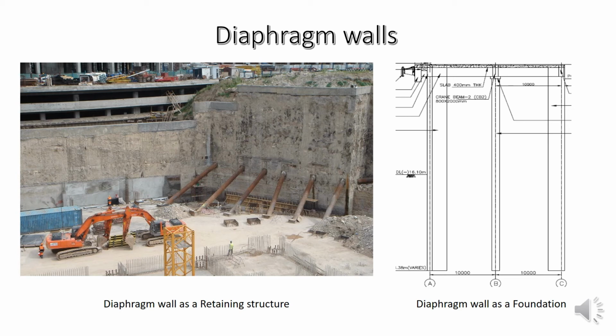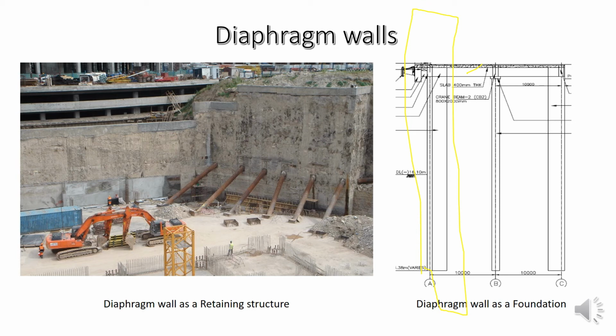Berthing structures will be constructed in ports and harbors. This is the diaphragm wall, and it is supporting beams, and these are all the beams.